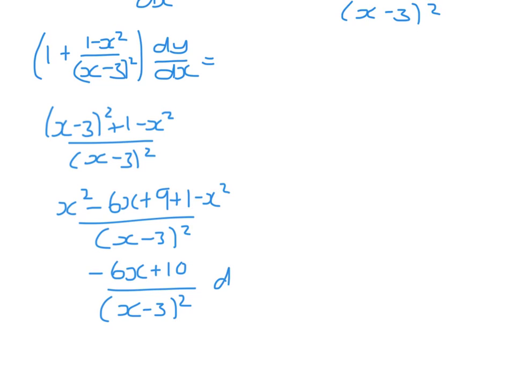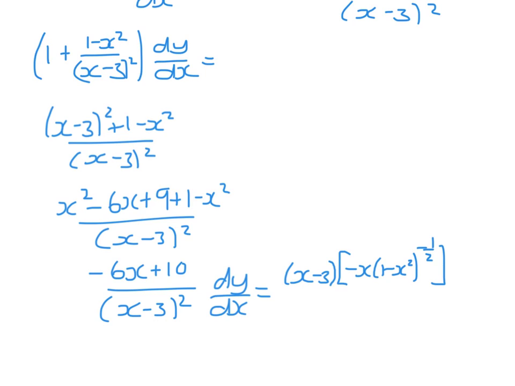Filling in the bits I've ignored up until now, we have dy dx equals x minus 3 upon minus x (1 minus x squared) to the power minus 1/2, take away (1 minus x squared) to the power 1/2 all over (x minus 3) all squared.